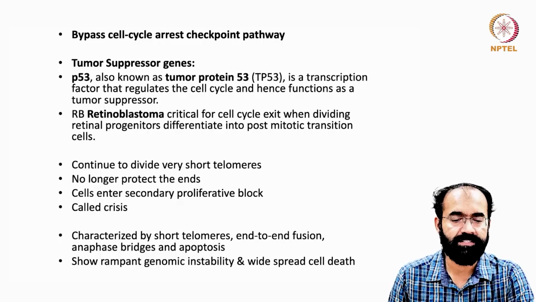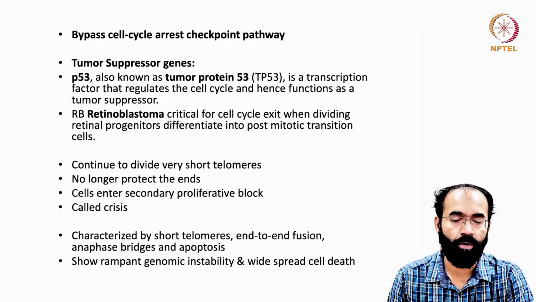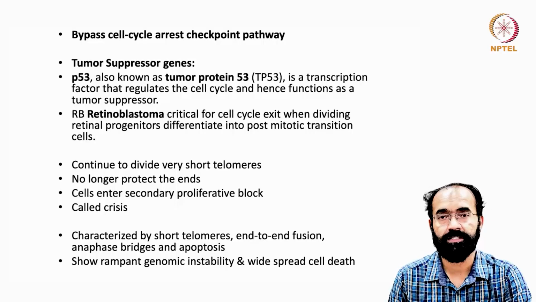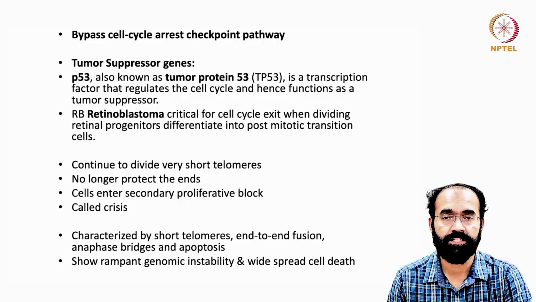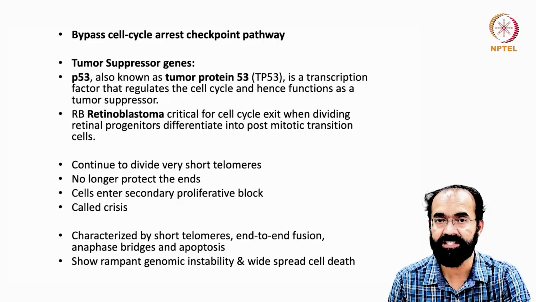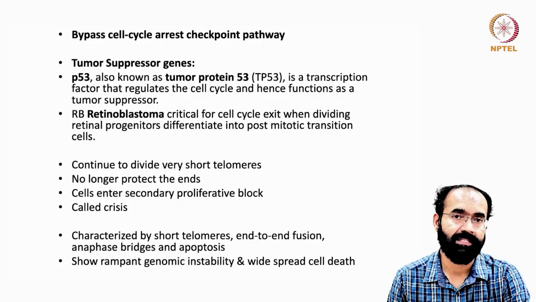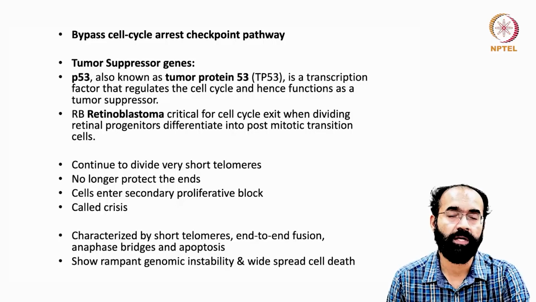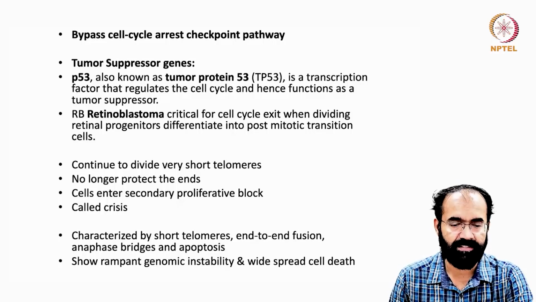So we should understand the normal point of cancer progression, or the normal situation in which cancer initiation can happen, once the cell has reached the Hayflick limit. That means genetic instability comes and it can start showing the real signs of cancer.